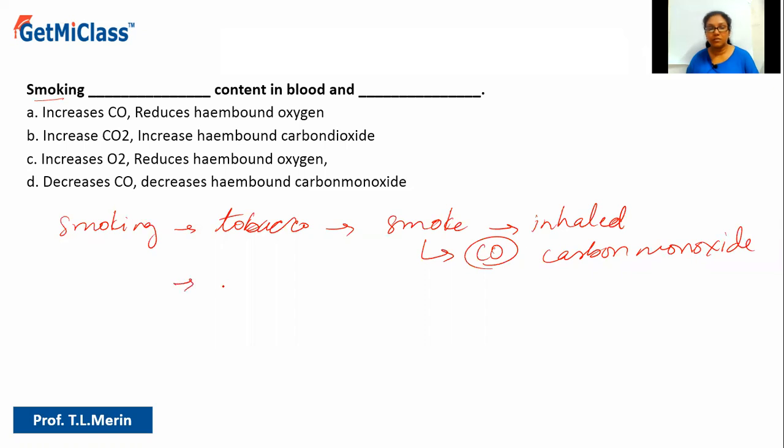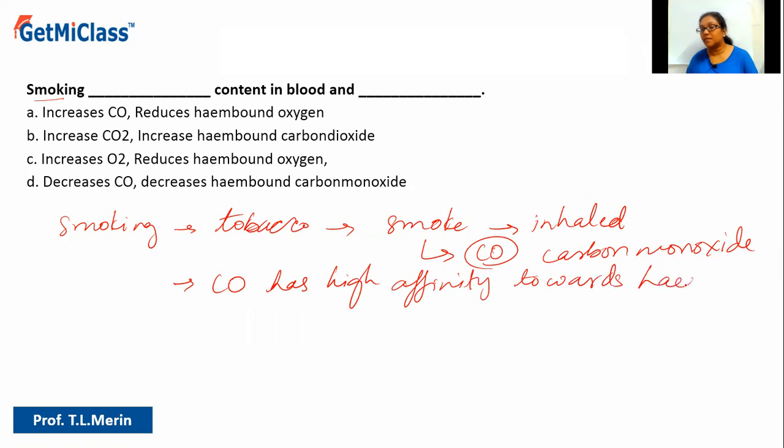Carbon monoxide has a high affinity towards hemoglobin. That means it can easily bind to hemoglobin, compared to oxygen. So CO, that is carbon monoxide, has a higher affinity towards hemoglobin than oxygen.